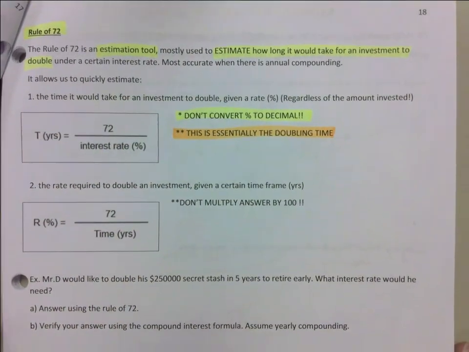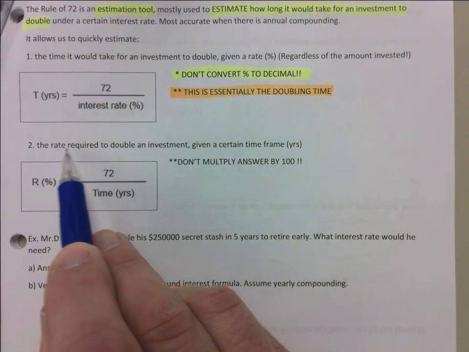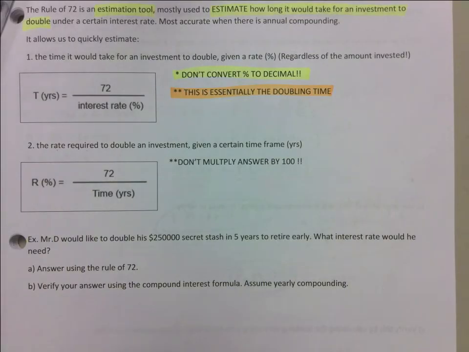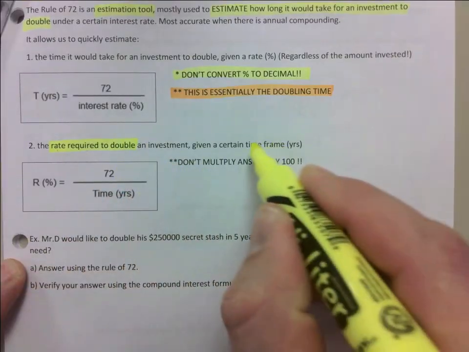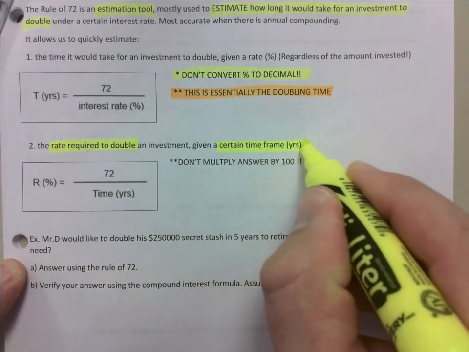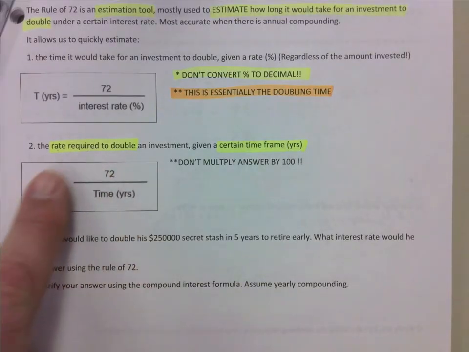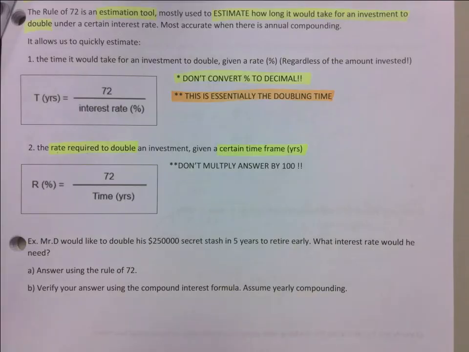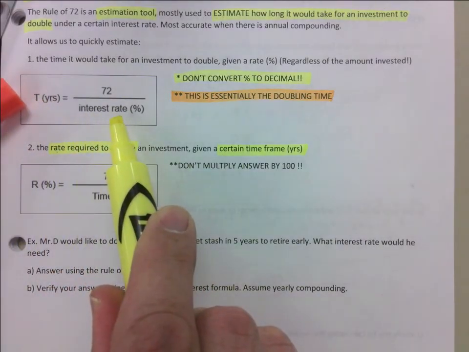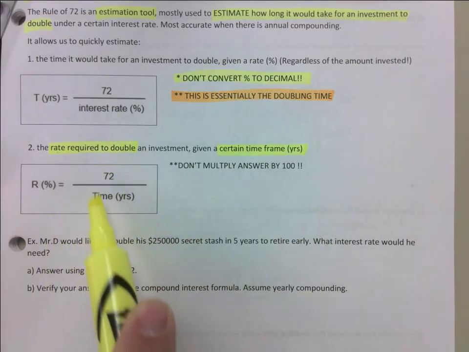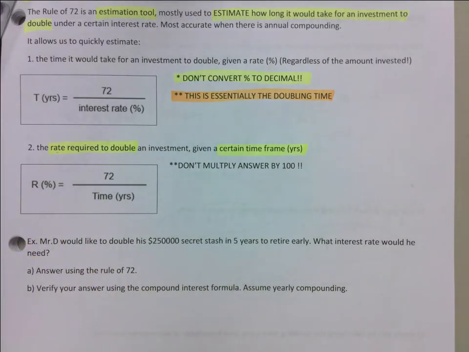If you want to take a variation of it, and you want to know the rate required to double your investment within a certain time frame, you would use this formula. So if you think about it, the only thing that has happened here is we swapped these two. We shifted them over.